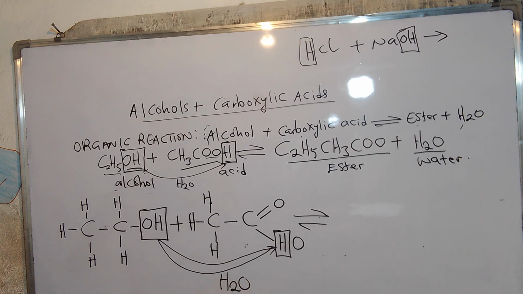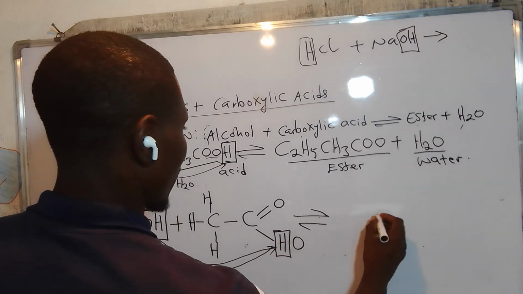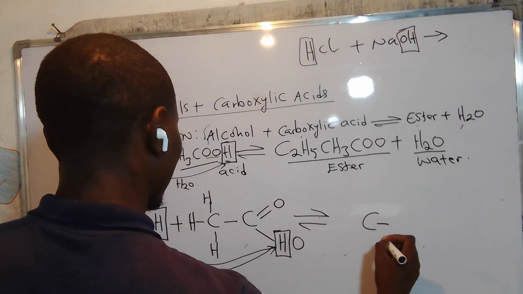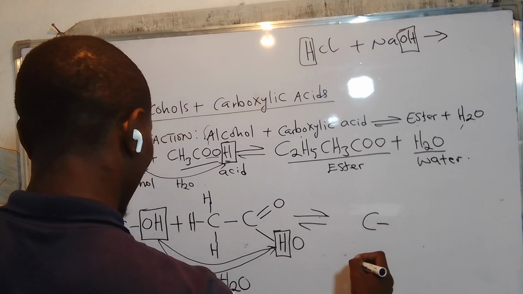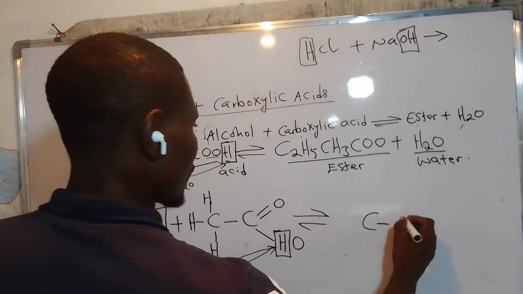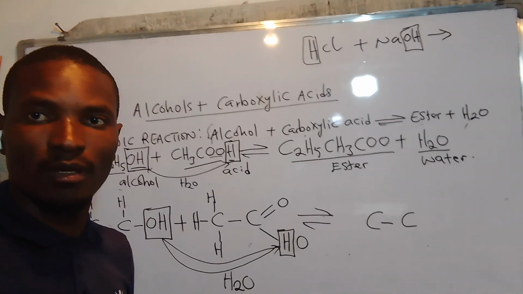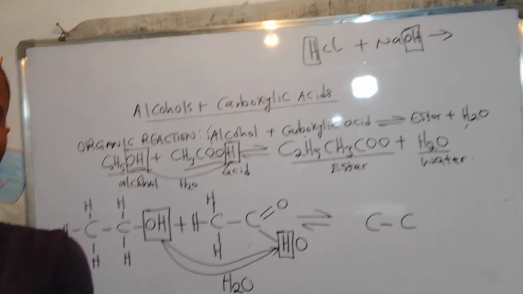Now what you need to understand also is that this is what we have now. This is C, and that is what you have there. So we have that. So what we're going to have now is the following.